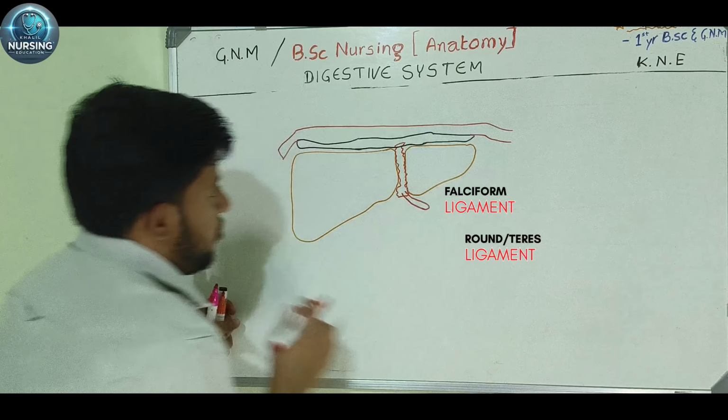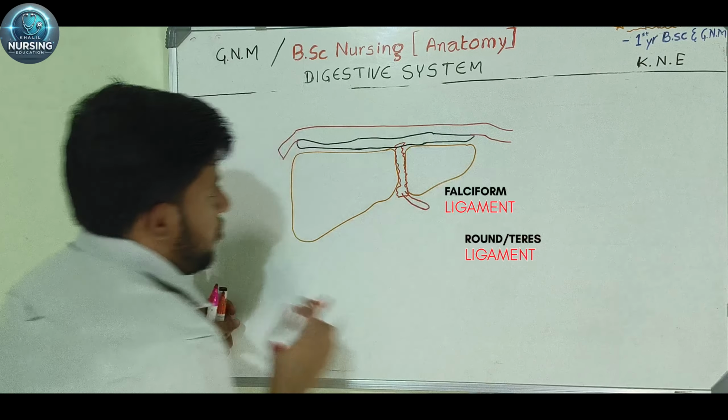This is the inferior surface of the diaphragm. From the upper surface of the liver to the inferior surface of the diaphragm is attached by a ligament called the coronary ligament.